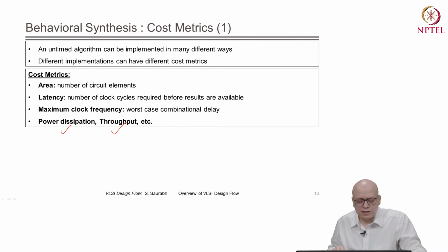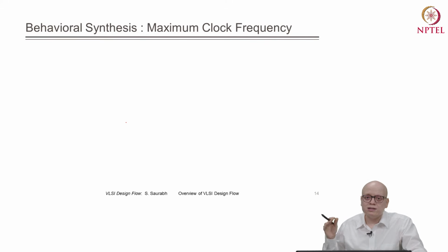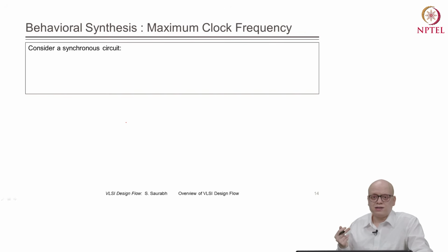Now let us understand what the maximum clock frequency is, or how it can be estimated for a given design, right. To get a full understanding of this, we need to go into static timing analysis, which we will be doing later in this course. But we can get a crude estimate of on what factors the maximum clock frequency of a synchronous circuit will depend.